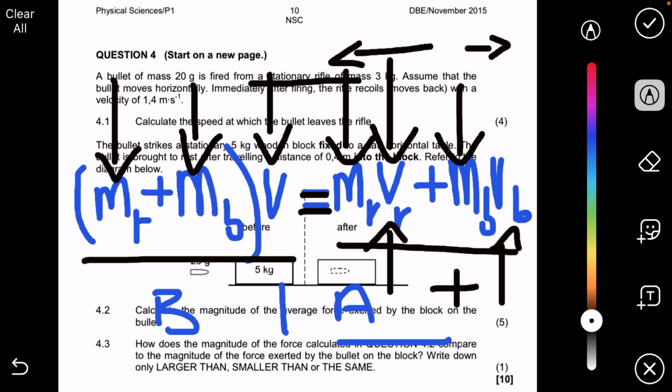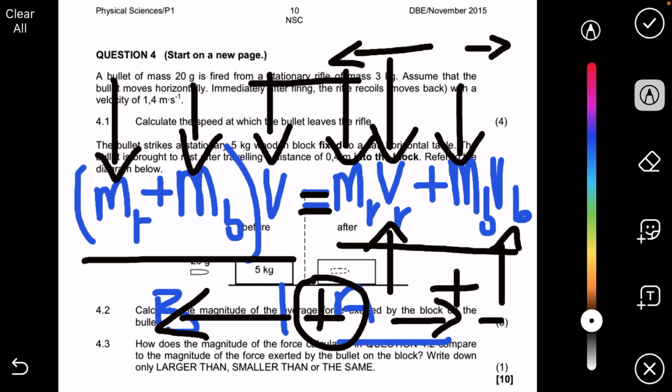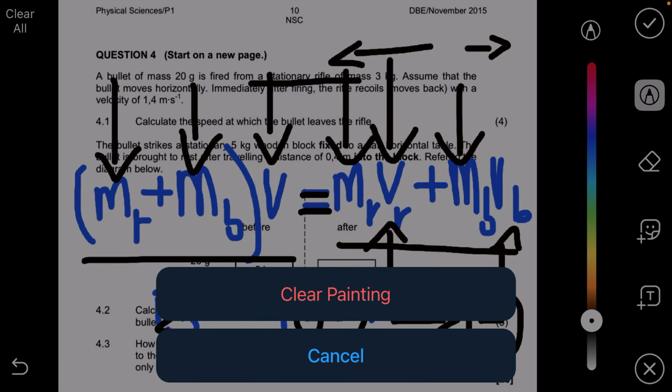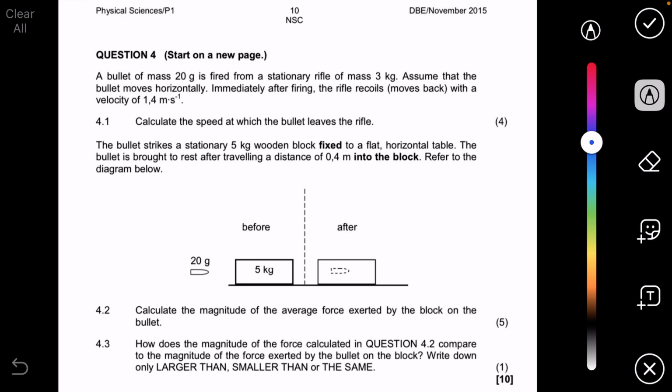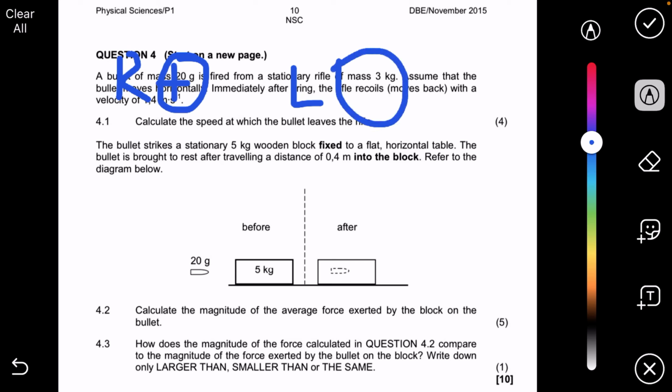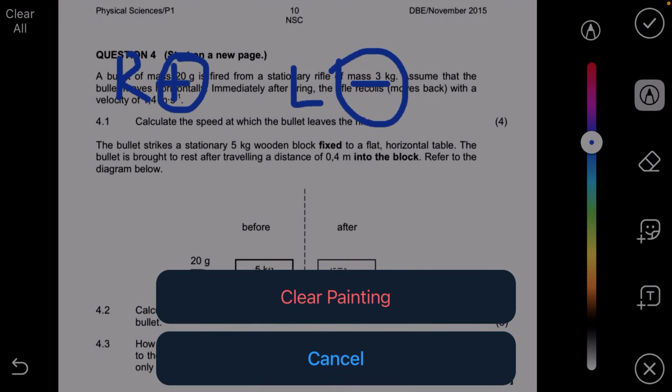So guys, it doesn't really matter if you choose to the left as positive and to the right as negative. You just need to be careful when you substitute, and most importantly, please do tell us, say "to the right positive" if you assume to the right as positive and to the left as negative, so that we understand what's going on when you substitute.